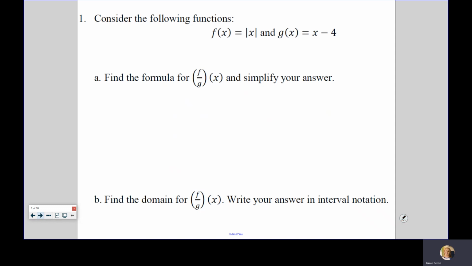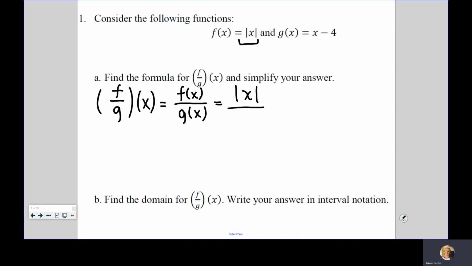Okay, so we're finding the formula for f divided by g of x. That rule for algebra of functions told us to do f of x over g of x, right? Very simple. They told us that f of x was the absolute value of x, so just replace f of x in the top with the absolute value of x.